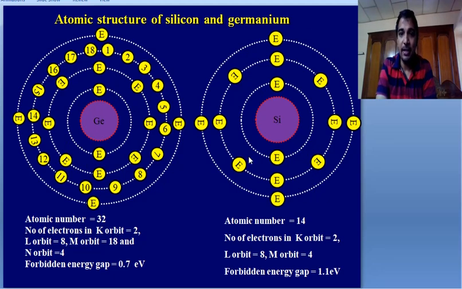Next, silicon's atomic number is 14, and the outermost electrons are again 4. For germanium, the forbidden energy gap is 0.7 electron volts. Silicon is quite higher, 1.1 electron volts.